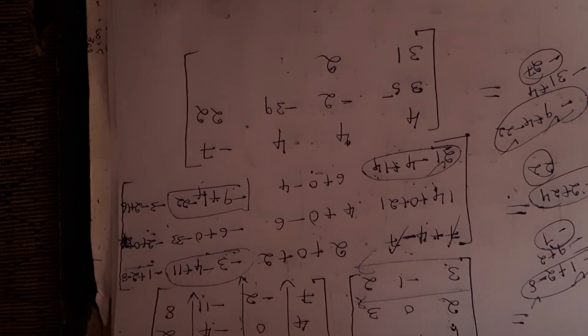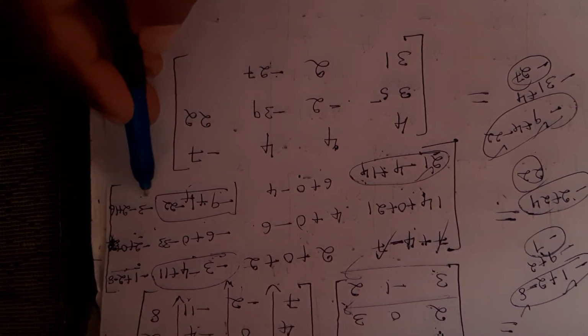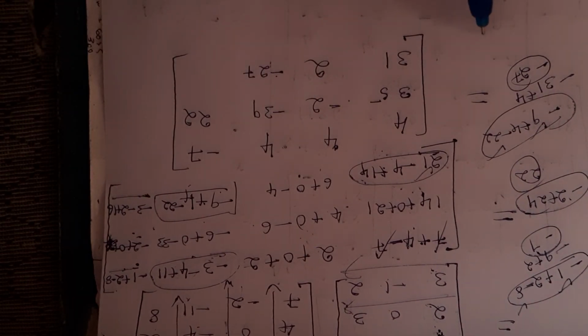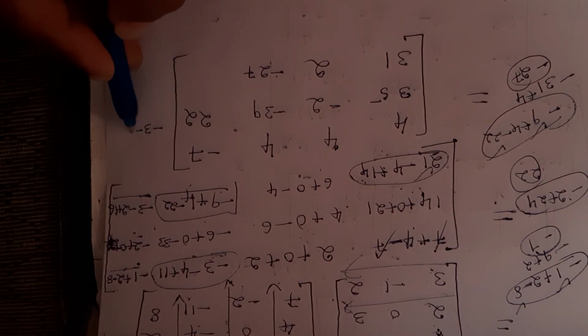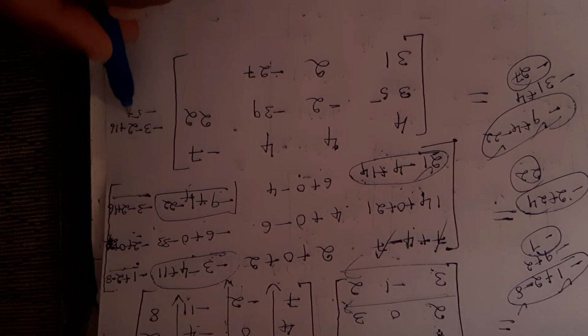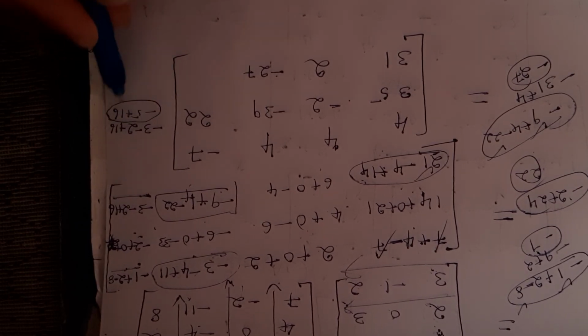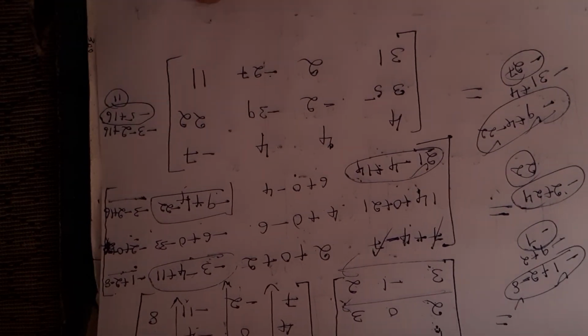So I can write this here, minus 27. Then last one is, minus 3 minus 2 plus 16, that is minus 5 plus 16. So minus 5 plus 16 means what? It will be plus 11. So I will write this 11 here.